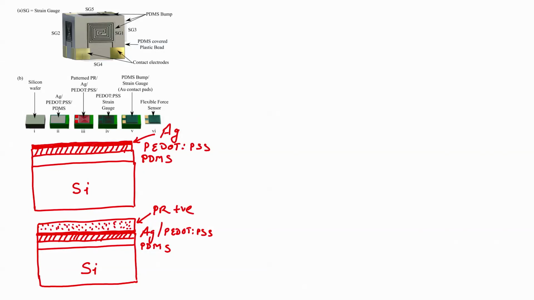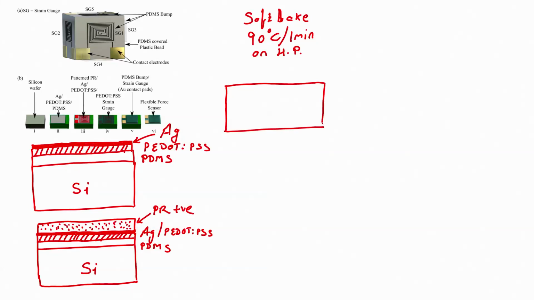After spin coating photoresist, what is the next step? The next step is to soft bake. Soft bake is done at 90 degrees centigrade for 1 minute on a hot plate. Now, after that, what is the next step? We all know how to perform photolithography, it is very easy.